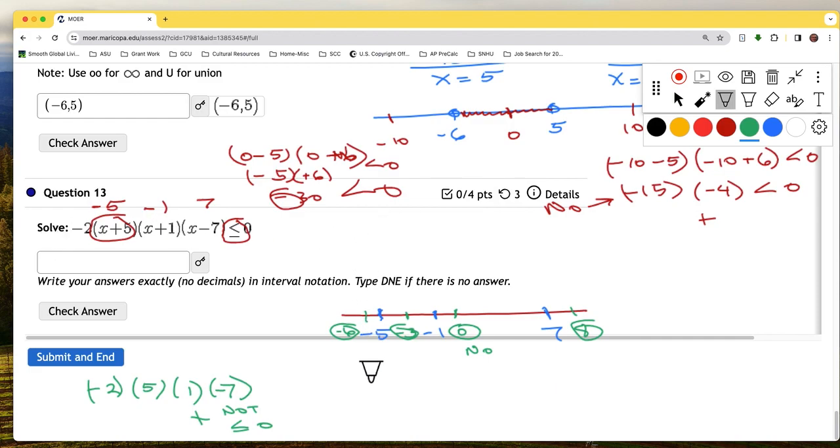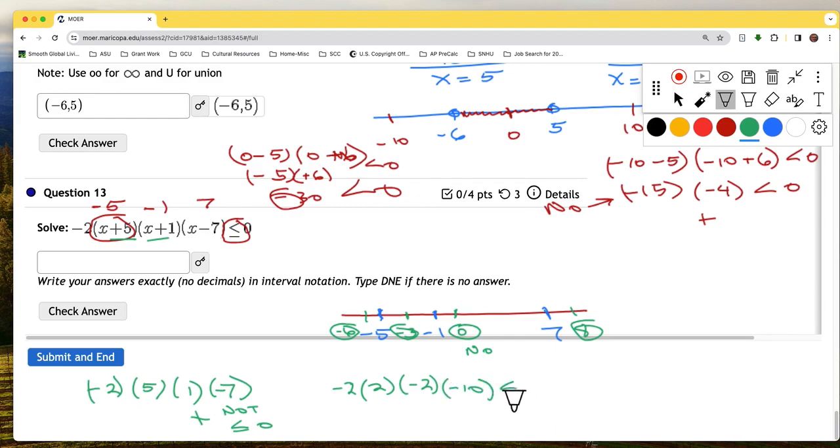So we get -2. -3 plus 5 is going to give us a +2. -3 plus 1 is going to give us a -2. And then -3 minus 7 is going to give us a -10.